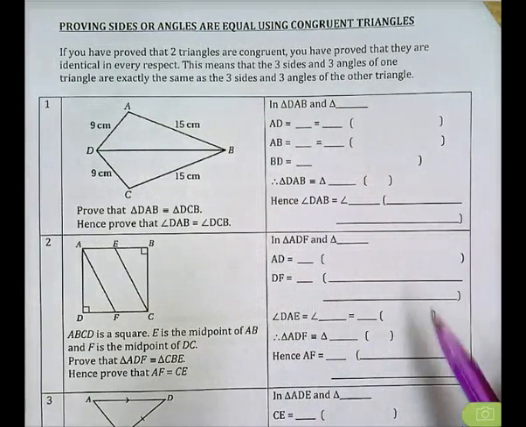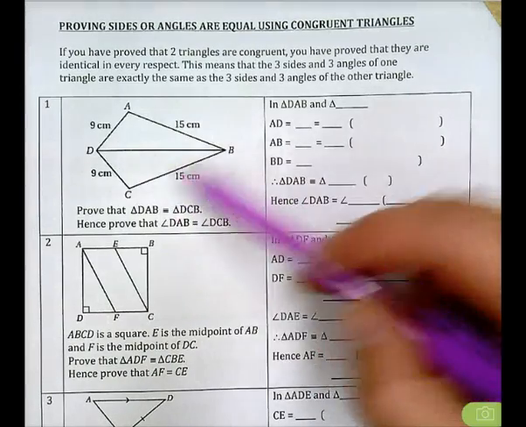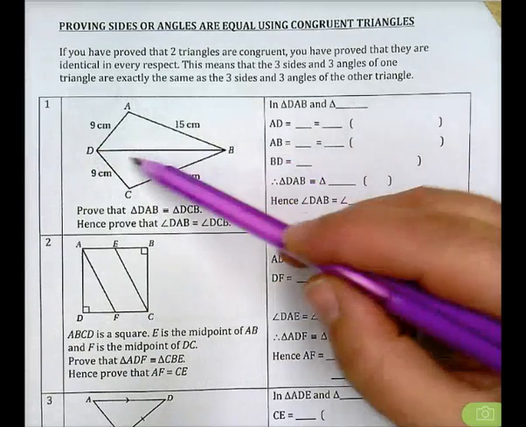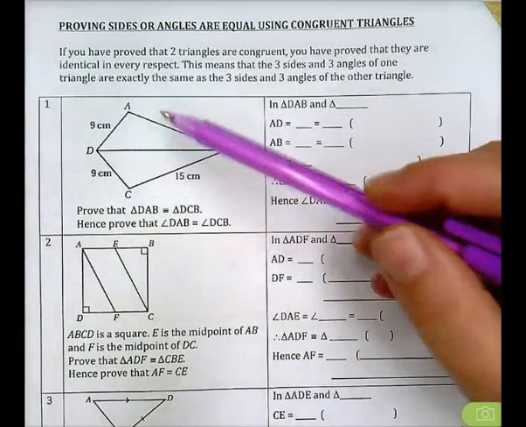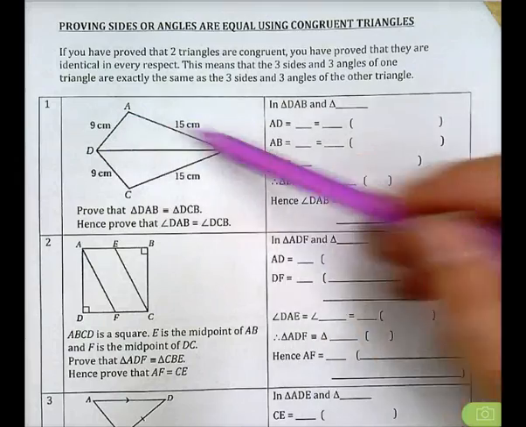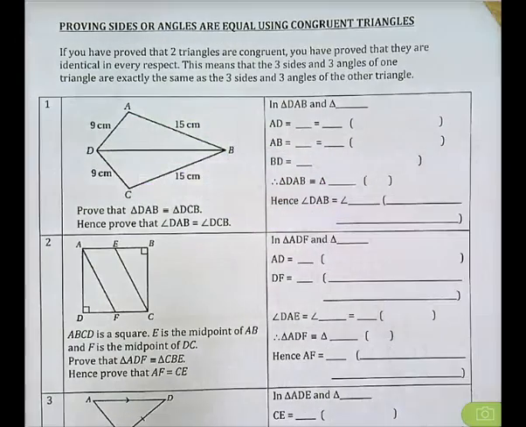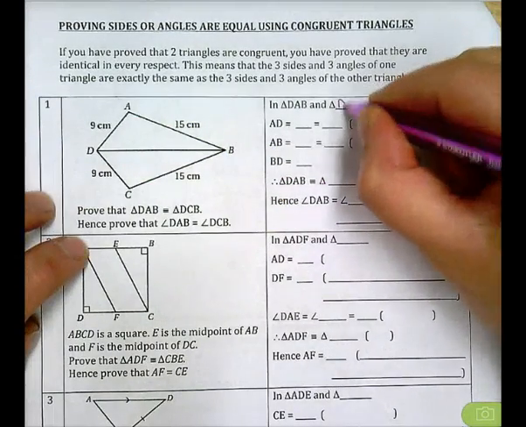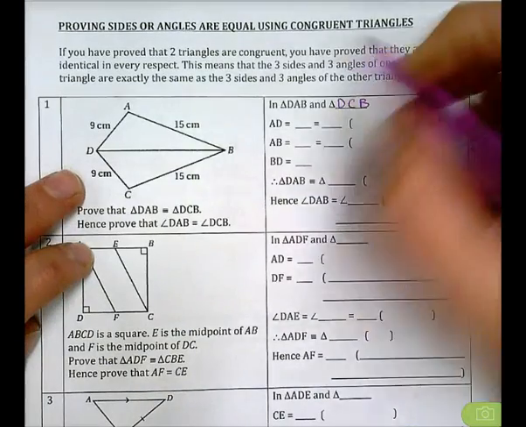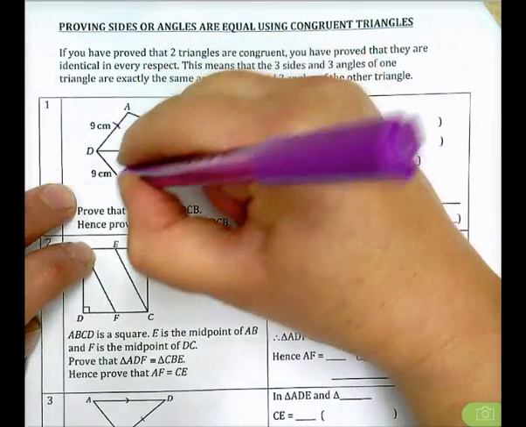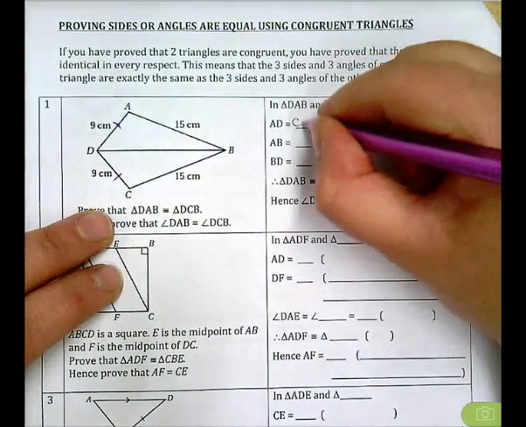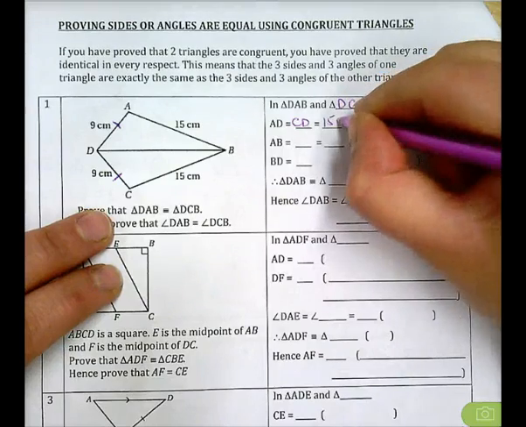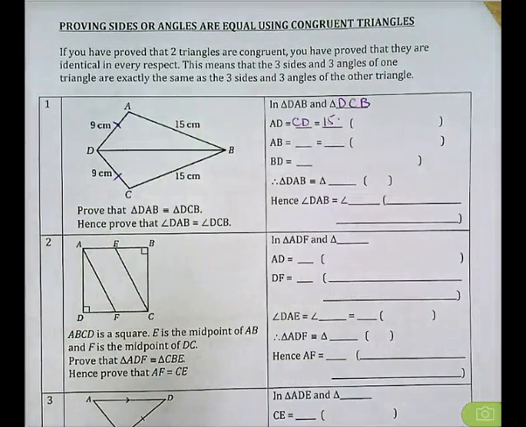So let's look at this first example here. We have to prove that triangle DAB is congruent to triangle DCB. Hence we need to prove that angle DAB is equal to angle DCB. So let's start. In triangle DAB and triangle DCB, we know that AD is equal to CD, which is, sorry, not 15, it's 9 centimetres.